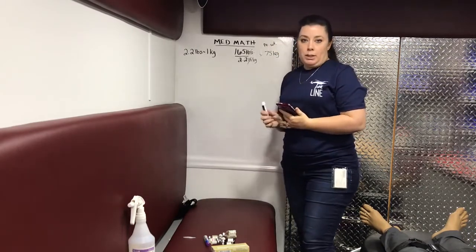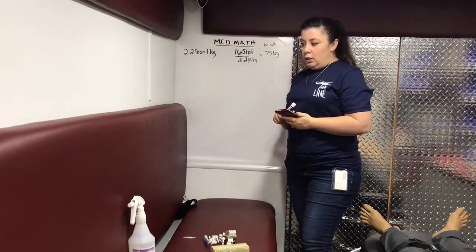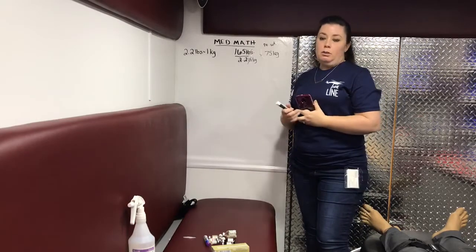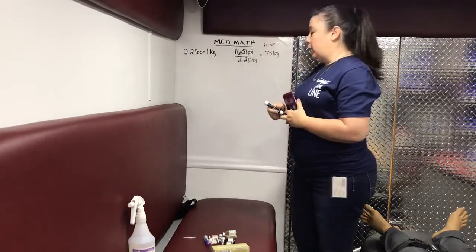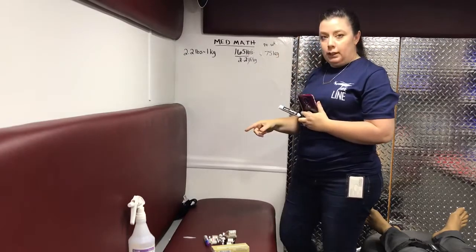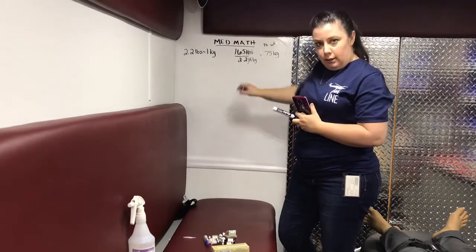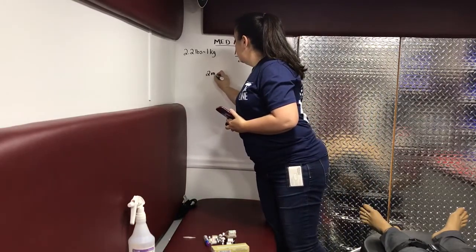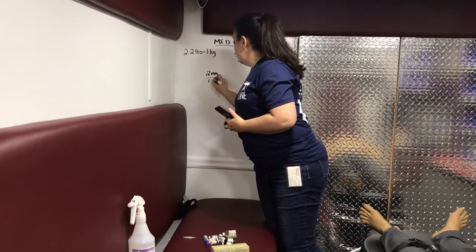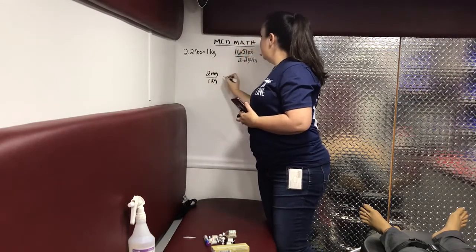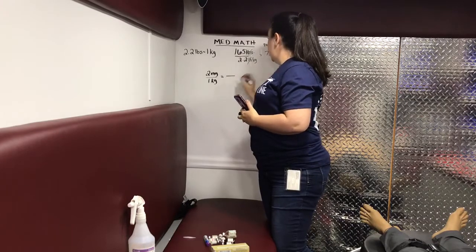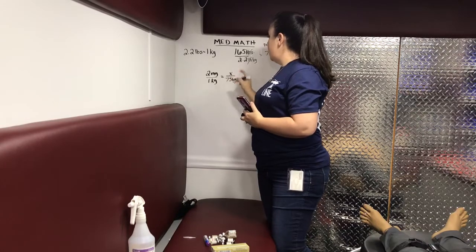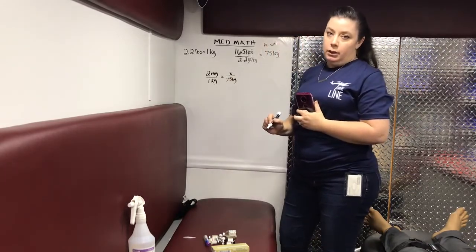If you have a weight-based dose and the doctor tells you to give 2 milligrams per kilogram, whatever drug it is, how many milligrams does it take for this patient? Our dose is 2 milligrams per 1 kilo, and our patient weighs 75 kilos, and we need to know how many milligrams we're going to use.